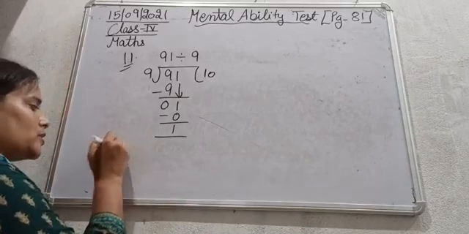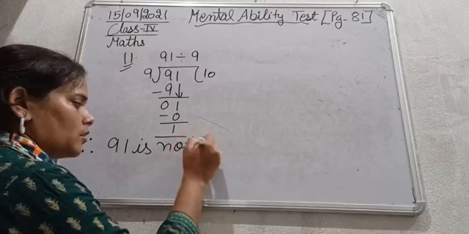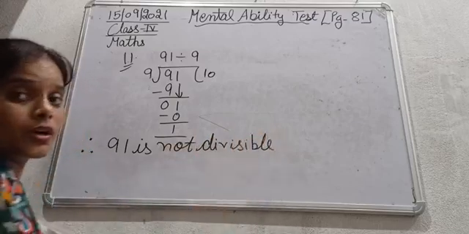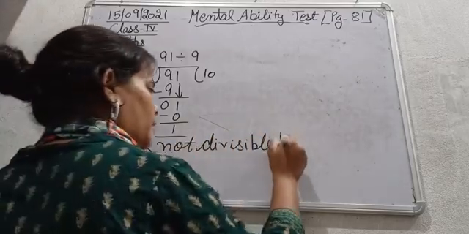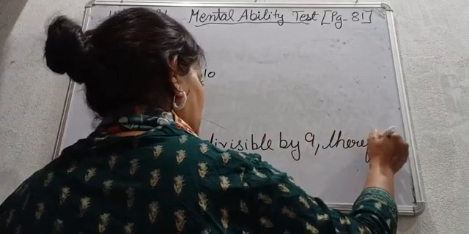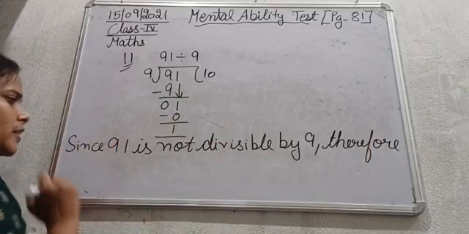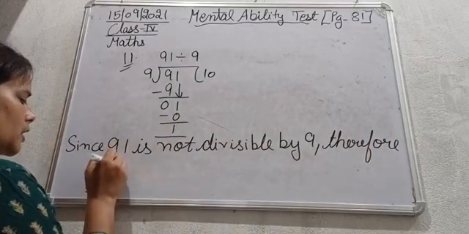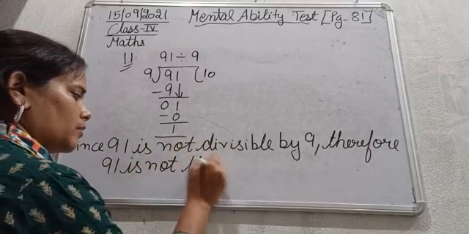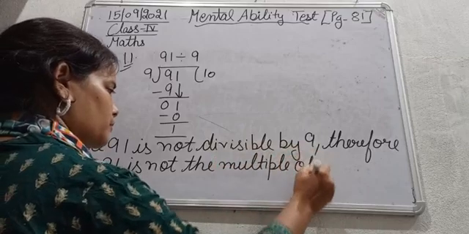Just write down: 91 is not divisible by 9, therefore 91 is not a multiple of 9.